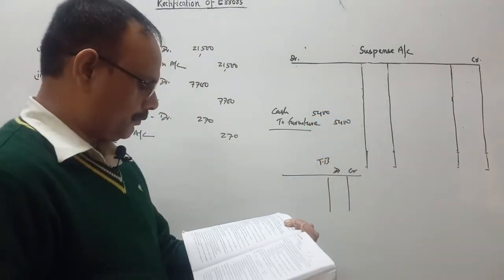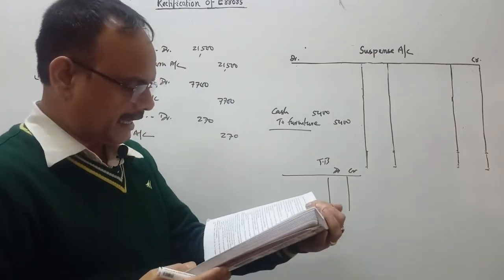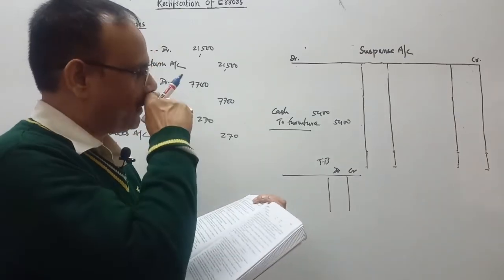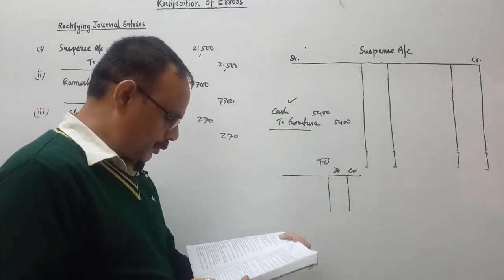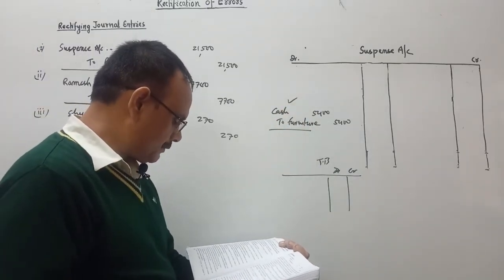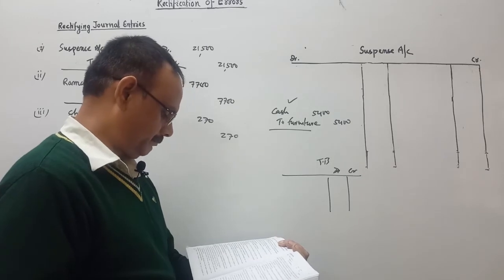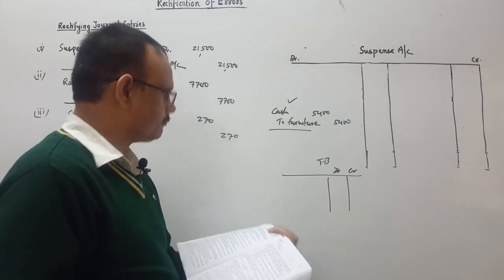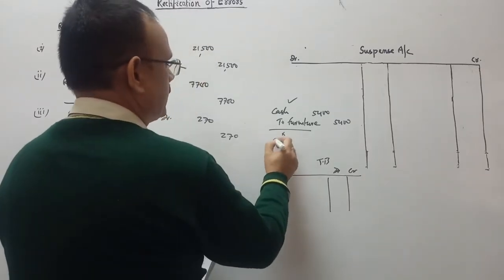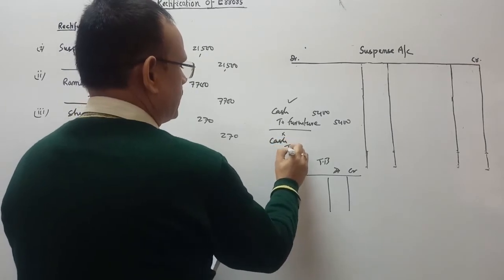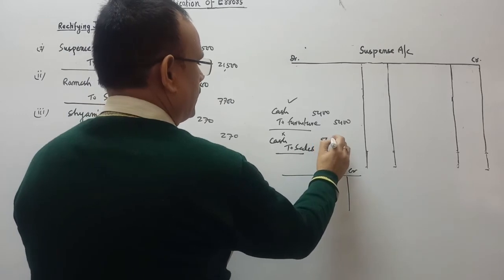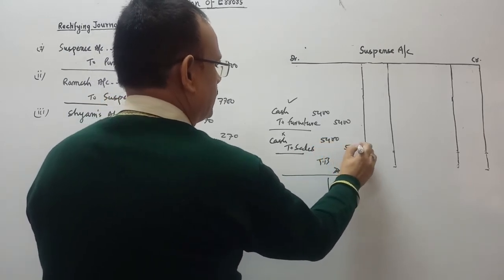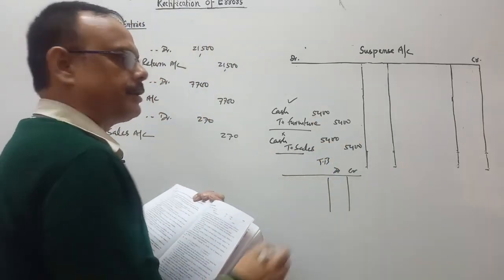Old furniture sold for rupees 5,400 has been posted in the sales account. This is the right entry, but your accountant posted in the sales account as 4,500. Okay, the wrong entry is done: cash account debit to sales account 5,400, and in posting an error is also committed.